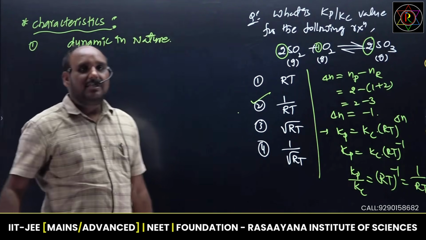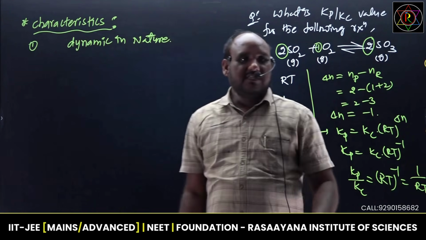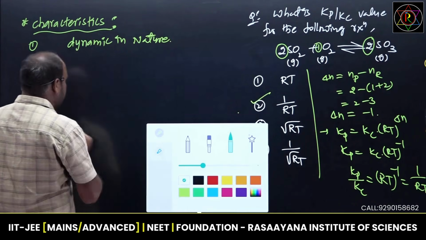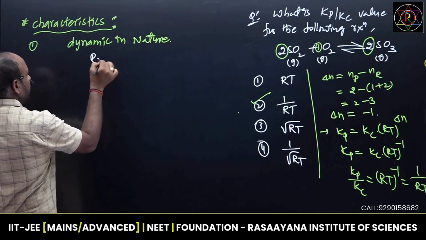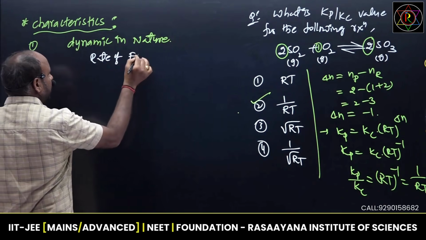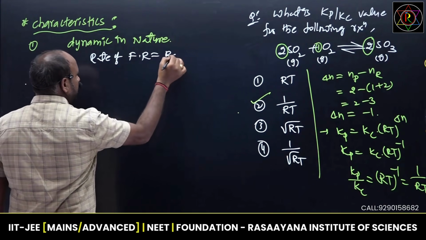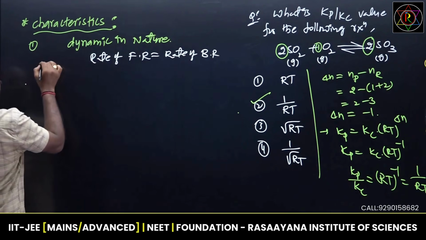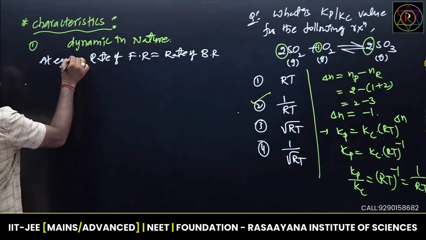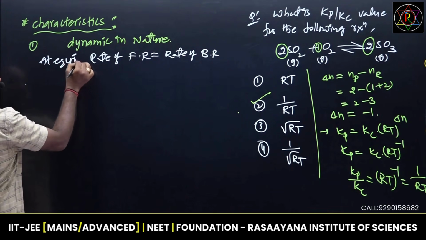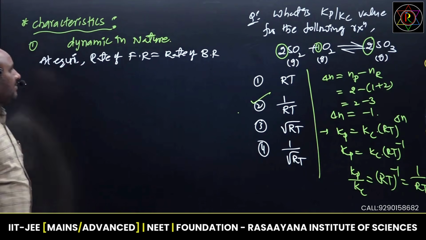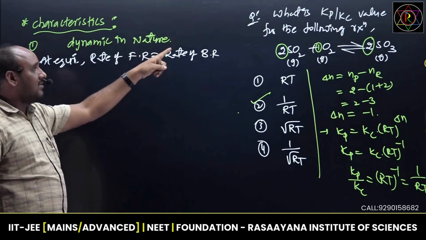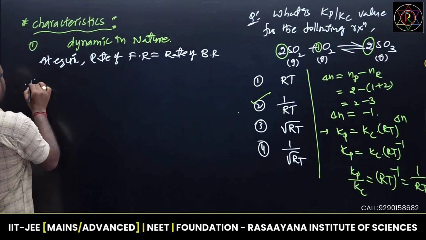It means that at equilibrium the rate of forward reaction is equal to the rate of backward reaction. Therefore, such an equilibrium is dynamic in nature. That is the first characteristic.